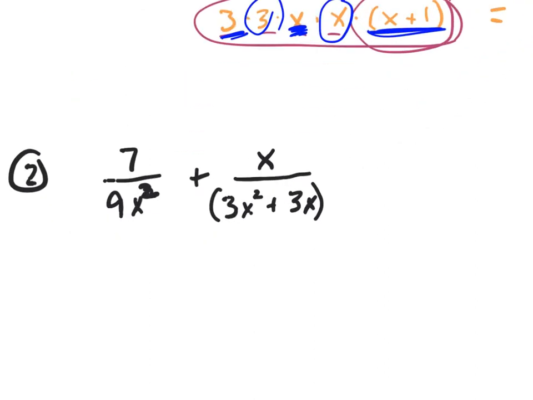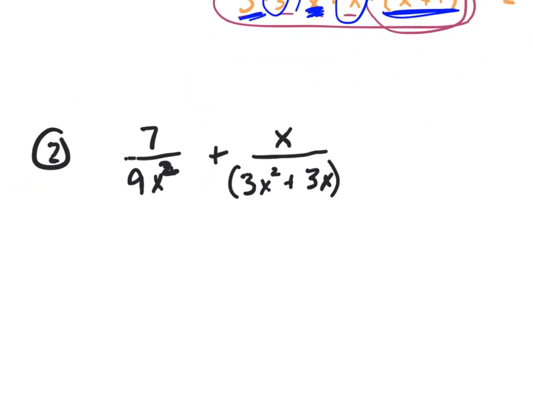So we are going to multiply the left fraction by the right denominator. So we have 3x squared plus 3x over 3x squared plus 3x. And then we're going to multiply the right fraction by the left denominator. So times 9x squared over 9x squared.